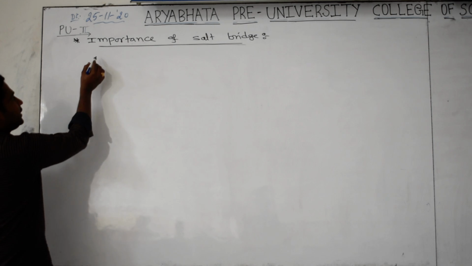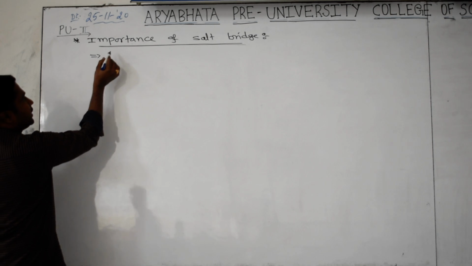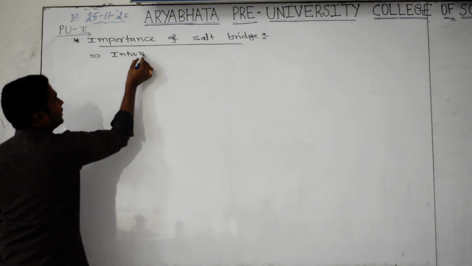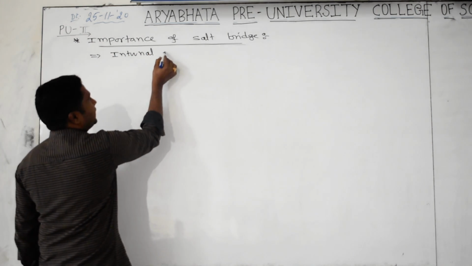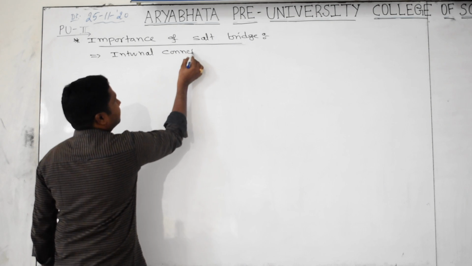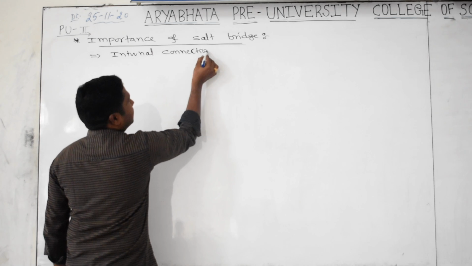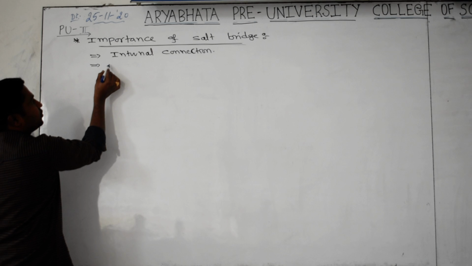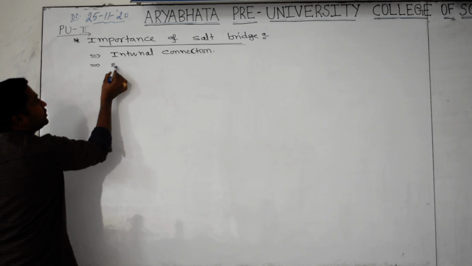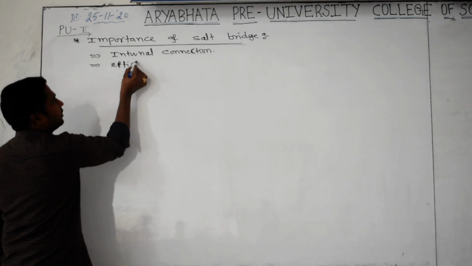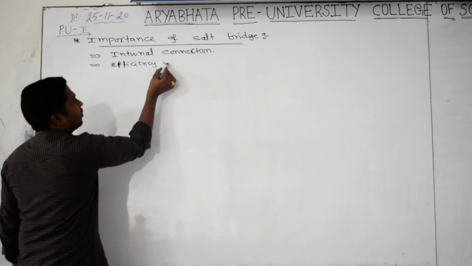First of all, it is helpful for completing the internal connection. It is used for internal connection in the cell, and it is useful to increase the efficiency of the cell.